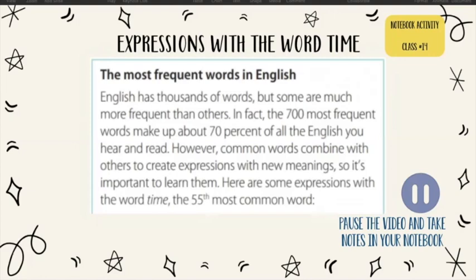However, common words combine with others to create expressions with new meanings. It's so important to learn them. Here are some expressions with the word time, the 55th most common word. So guys, by this time, you have to have some expressions with the word time. Now we're going to check.